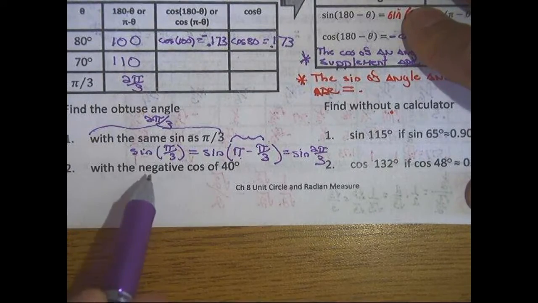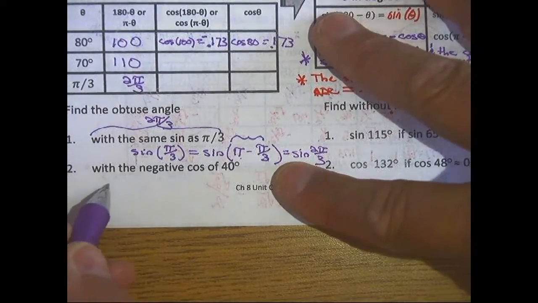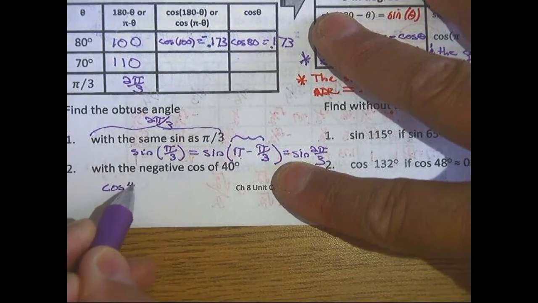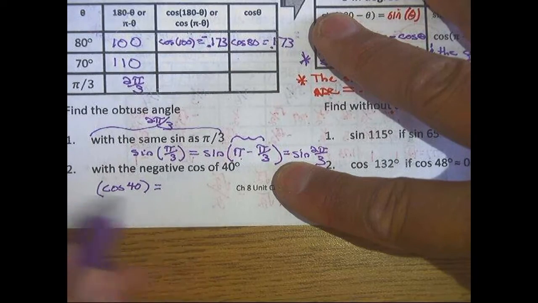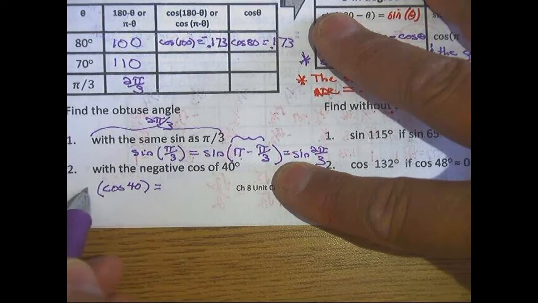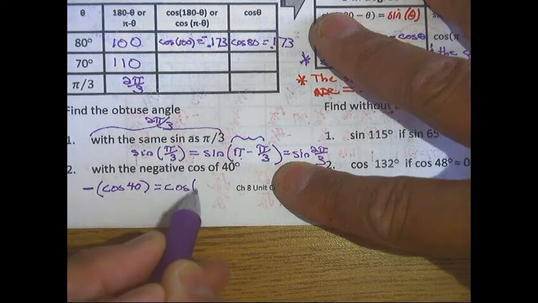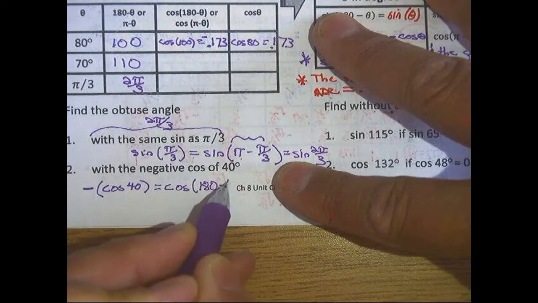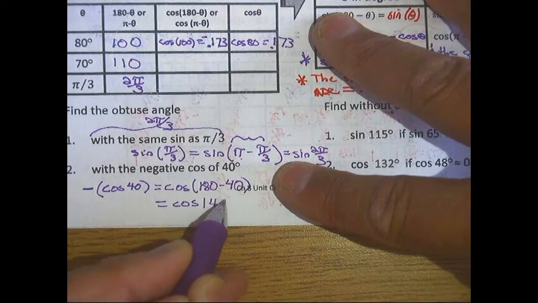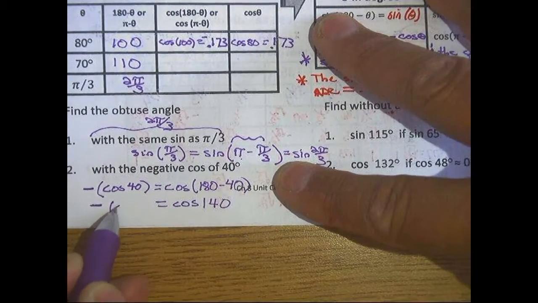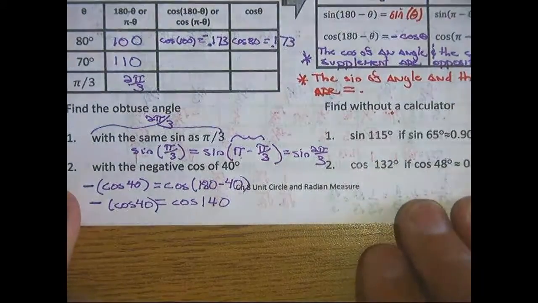All right, what angle would be the opposite of the cosine of 40? So the opposite of the cosine of 40 would equal the cosine of 140. The negative of the cosine of 40 equals the cosine of 140.